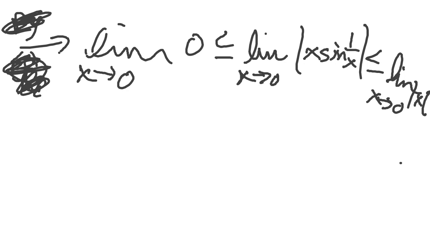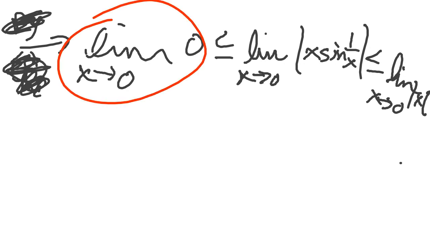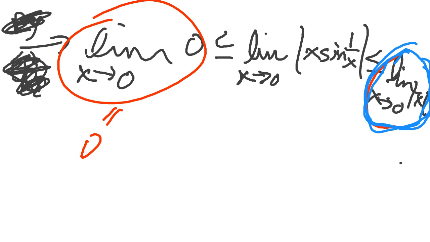Anyway, what is the limit as x approaches 0 of 0? Well, the limit of a constant is that constant, so that's 0, right? And for the limit as x approaches 0 of the absolute value of x, we know what that graph looks like.